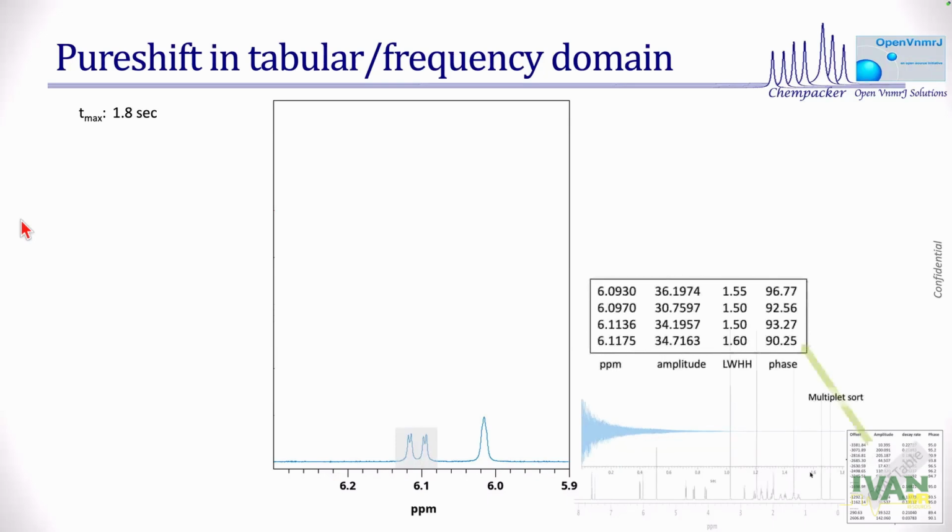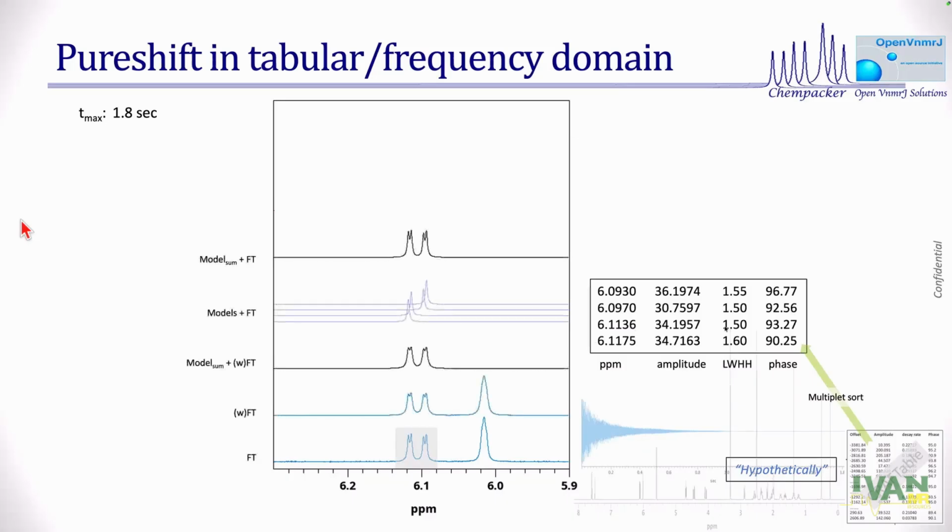If I can hypothetically sort that into this group of multiplets, because I know that it's well separated, from an NMR point of view I say, that's well resolved, I say, go to the table and find all the frequencies that are within that frequency limit described by the box and generate a subtable. Yes, it generated a subtable. How is the question that we are going to come down to. Once I get that sorting done, I have this table, subtable, and I can play with that subtable by itself.